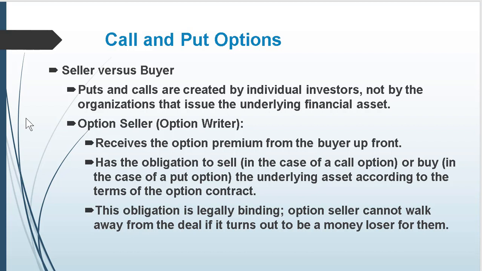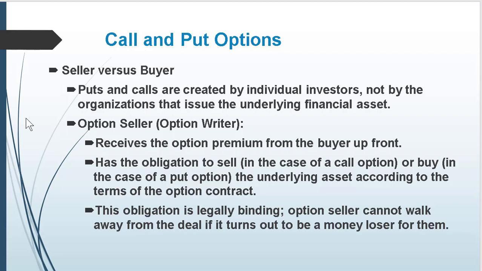Who do they place a bet with? They place a bet with the option writer, or seller. The seller receives the premium from the buyer. Now, what happens? They have the obligation to sell or buy the underlying asset according to the terms of the contract.